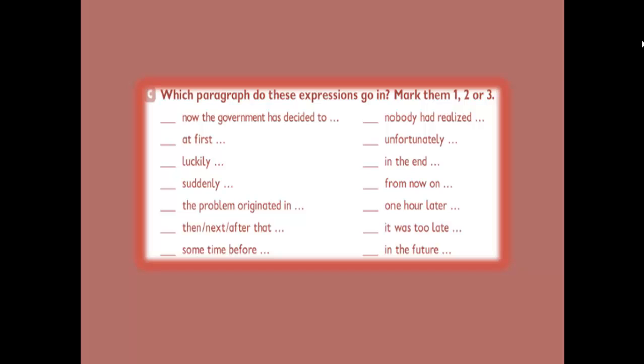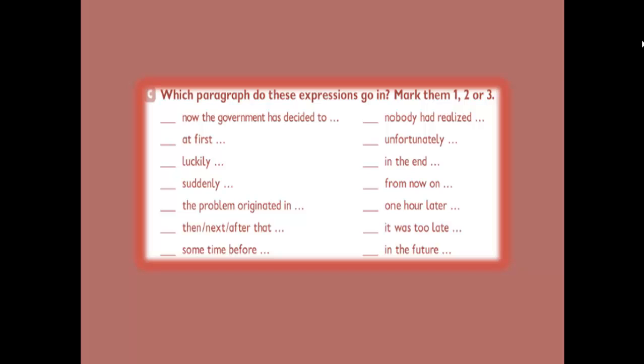Then next after that, here we are talking about what happened during the emergency, the events of this emergency. We can put number 2. Sometime before, we're talking here about the original cause of the emergency. Number 1.